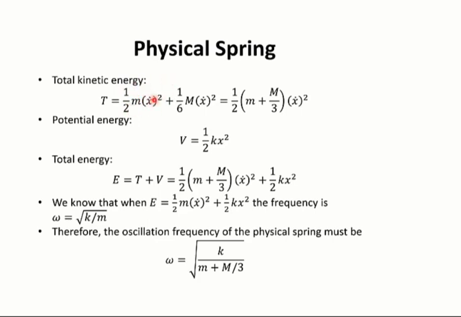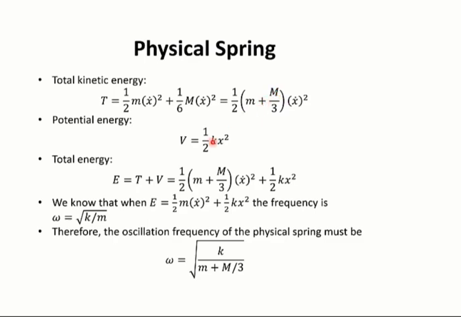And if we add the kinetic energy of the spring with it, we get this expression. Now, if you have a closer look at this kinetic energy term, you'll see that it is a typical kinetic energy term, right? Half some mass times x dot squared. But here, due to the mass of the spring, we have this extra term, okay? So this is the main difference in case of the total kinetic energy.